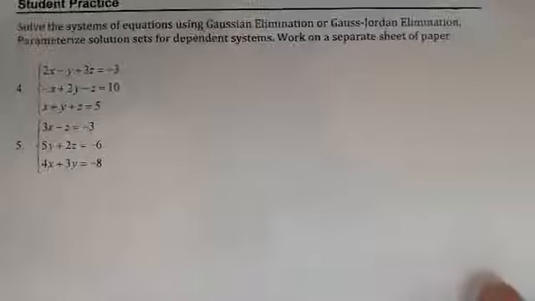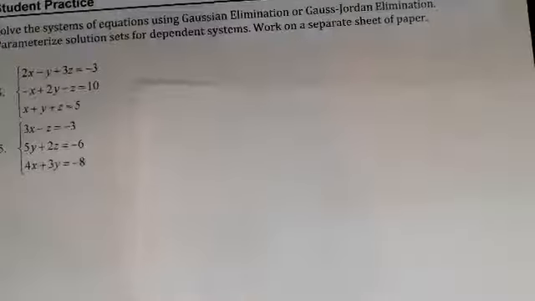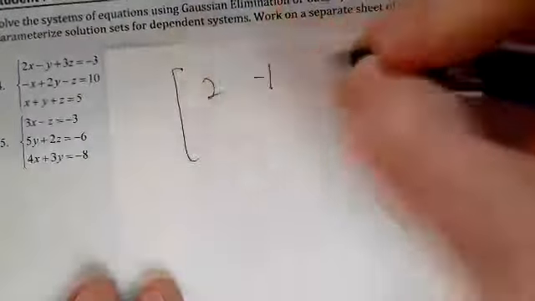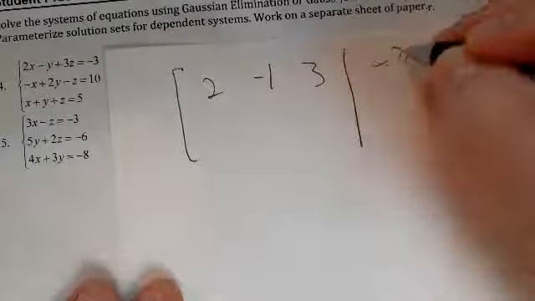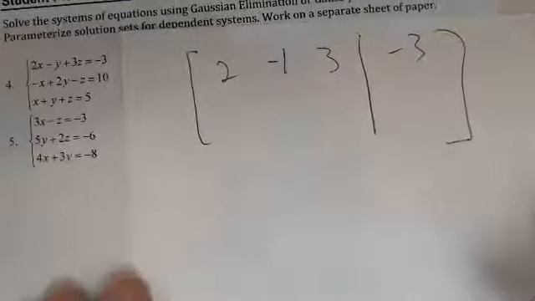So let's go about number 4. I want to write a matrix for 4, pulling the X, Y, Z and the equals.